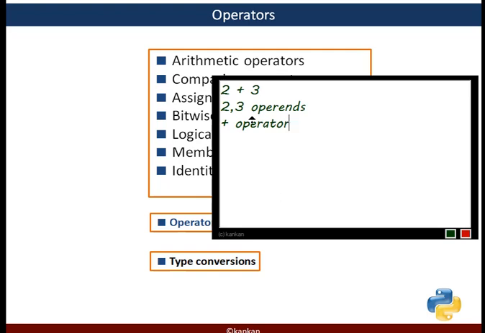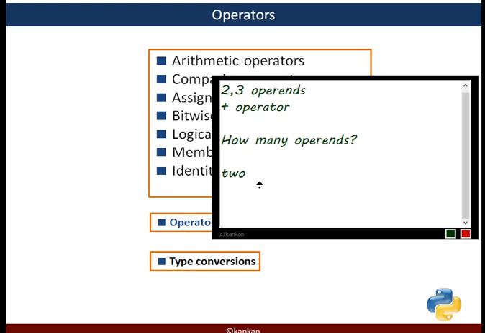How many operands are there? 2 and 3, that is 2 operands.